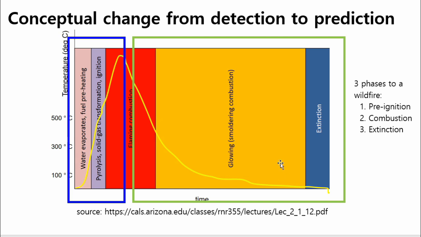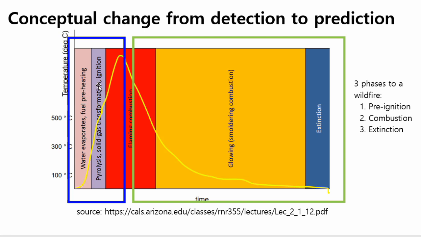Current MODIS fire products focus on the stage in the green box: glowing, smoldering, smoke, active fire, and so on. However, we would like to improve fire prediction in the earlier stage in the blue box: fuel preheating, ignition, and so on.